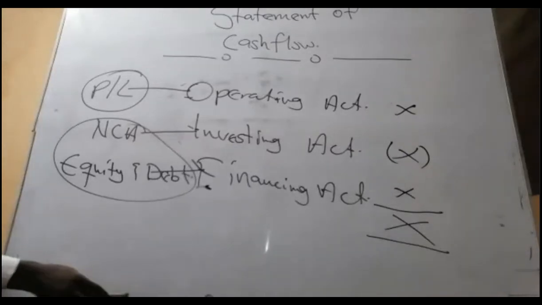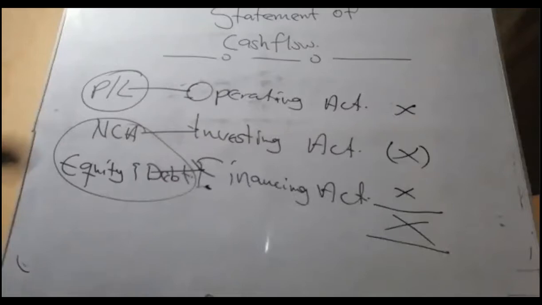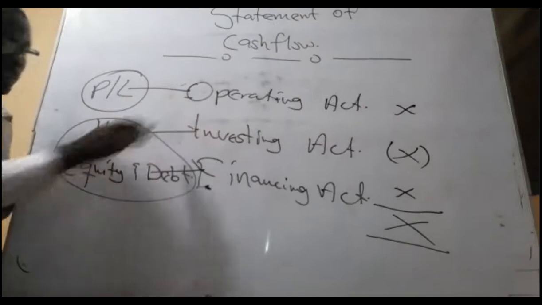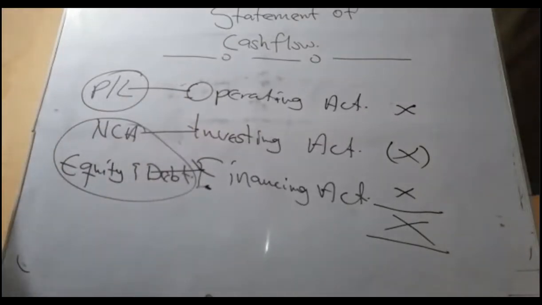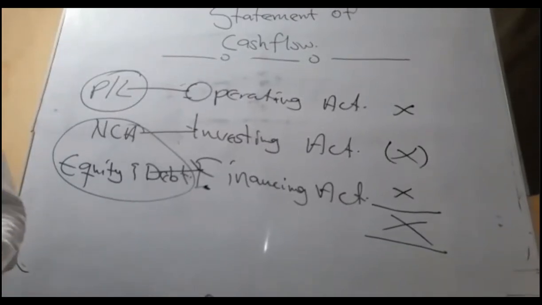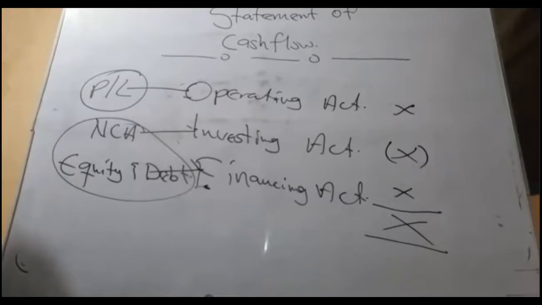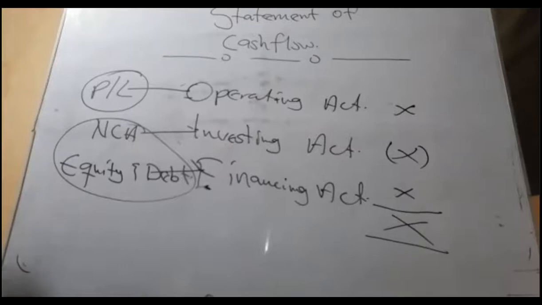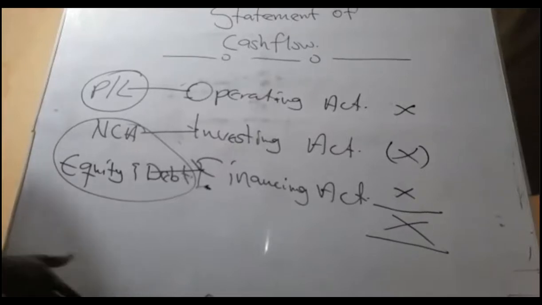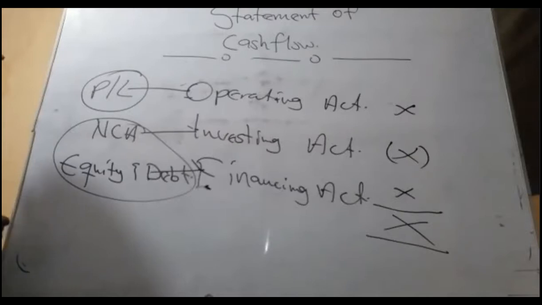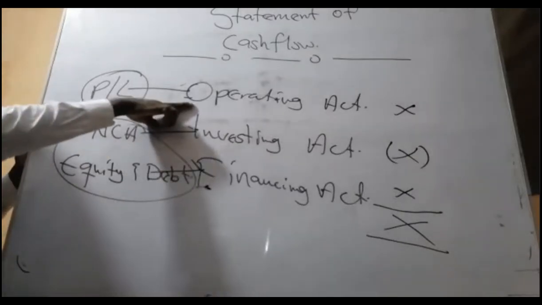Now let's start the preparation of the cash flow statement from operating activities. We have two methods: the direct method and the indirect method. You should know both. These two methods apply only to operating activities.